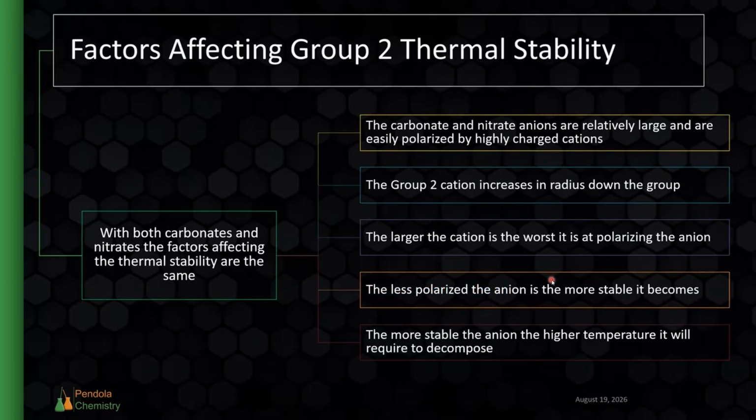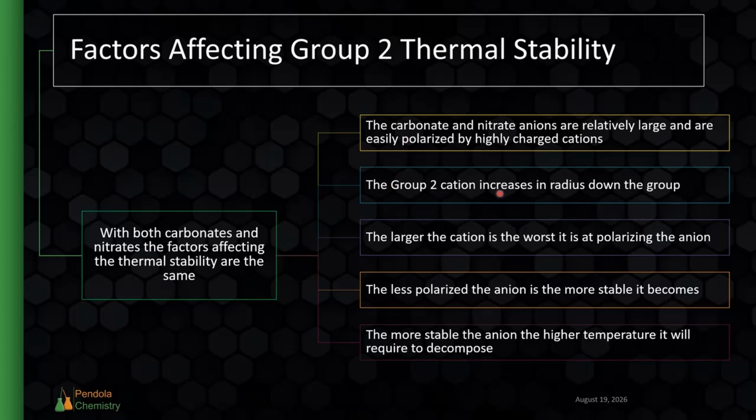So just to summarize it a little, what factors affect the thermal stability of both nitrates and carbonates? It's going to be factors that are related to the polarization of the anion. The carbonate and nitrate anions are relatively large and are easily polarized by highly charged cations. So this is just saying that both the nitrate and carbonate ion, being polyatomic, are very easy to polarize.